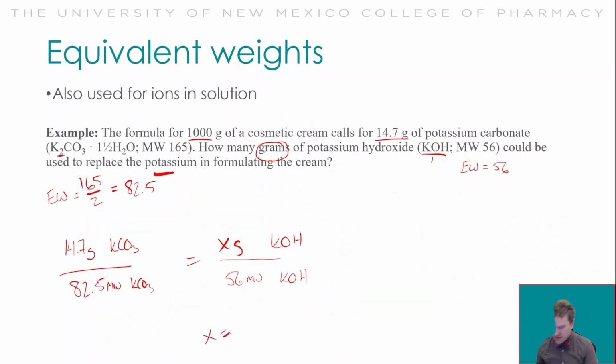So we would need 14.7 times 56 divided by 82.5. We would need 9.98 grams of KOH if we wanted to use KOH instead of K2CO3 for this. Okay? So same thing. This one just uses an equivalent weight to do the same math.